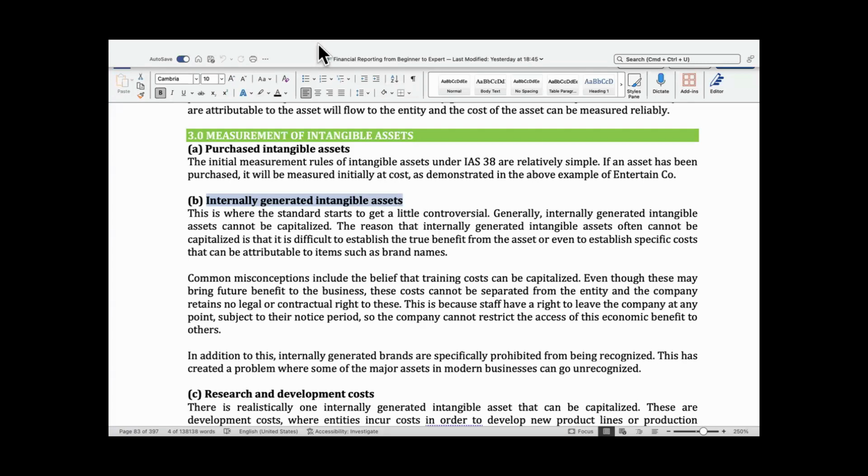But the challenge for us accountants right now is how do you determine that amount of benefit? How much have you spent to develop that brand name? How much? That's the challenge we are looking at solving right now. But at the moment, do not recognize it in the books.